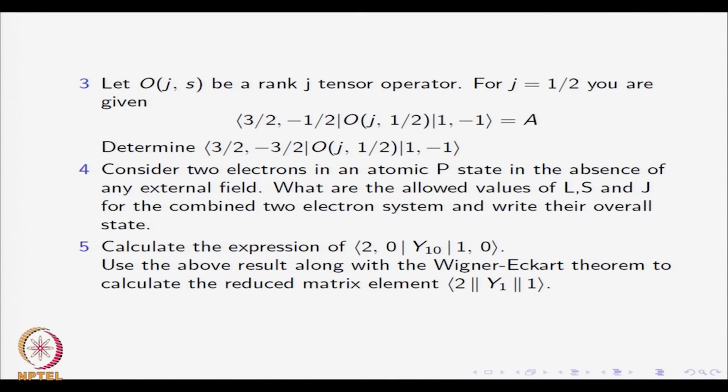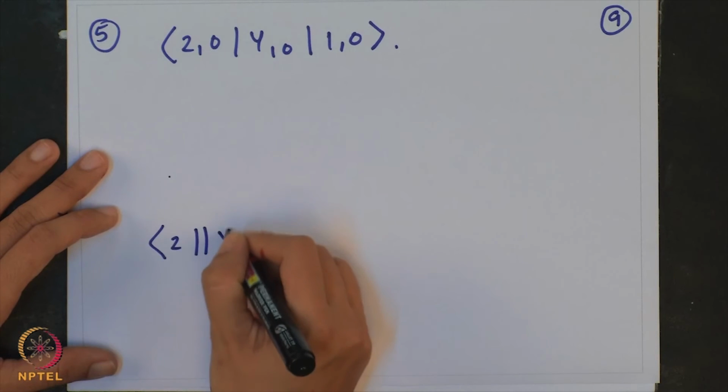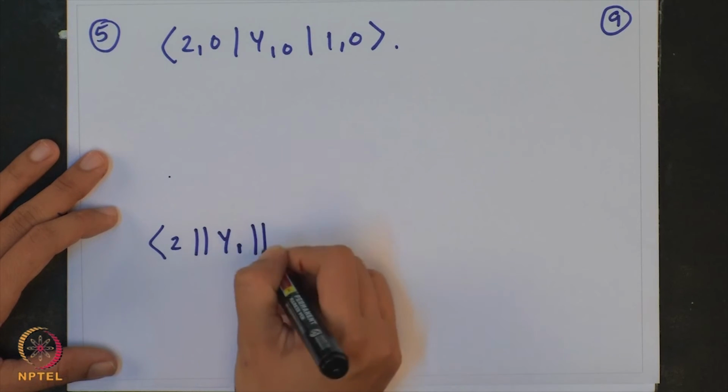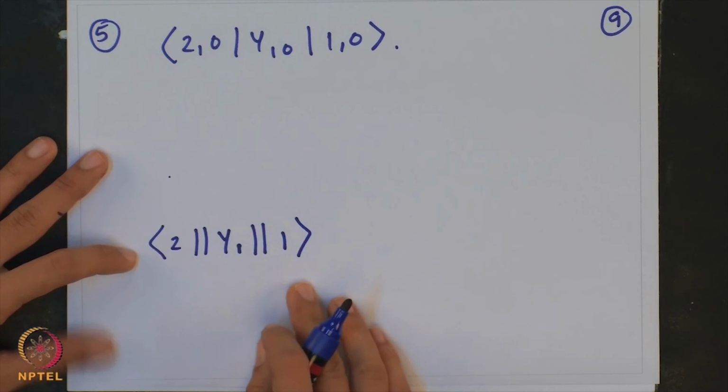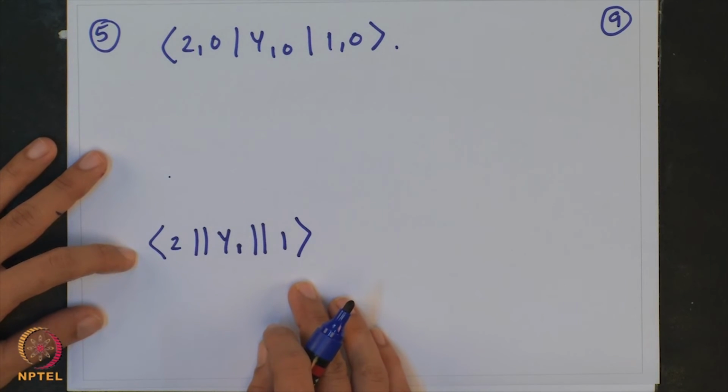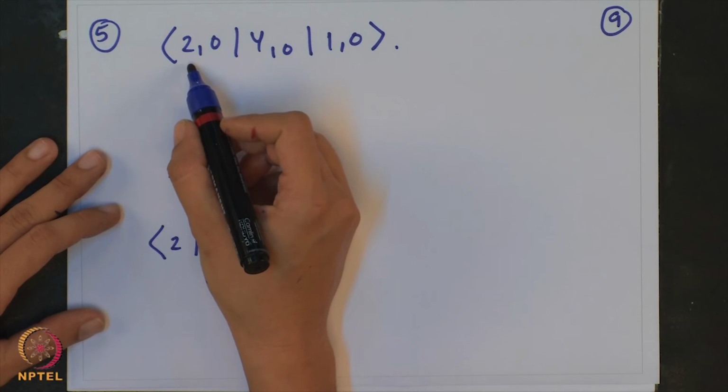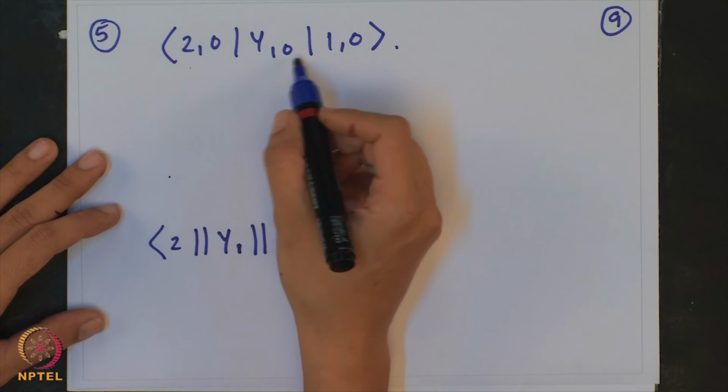So, you use Wigner-Eckart theorem to calculate the reduced matrix element. Okay. So, the reduced matrix element is written as <2||y||1>. This is another way of representing the reduced matrix element. So, here you have <2 1|y|1 0>.